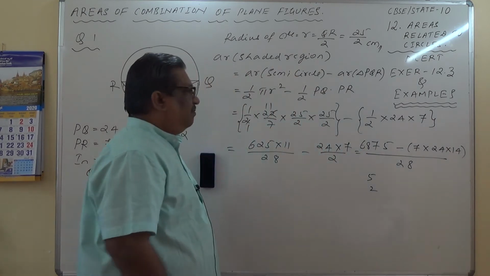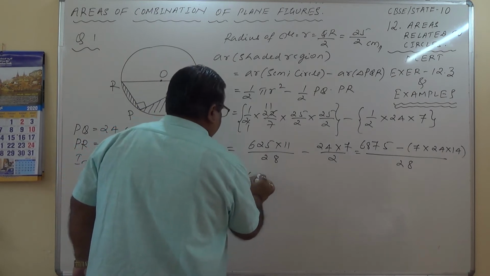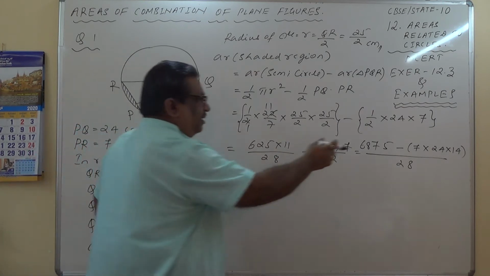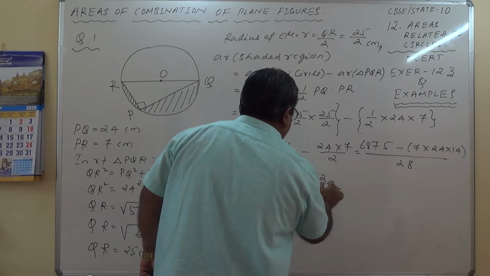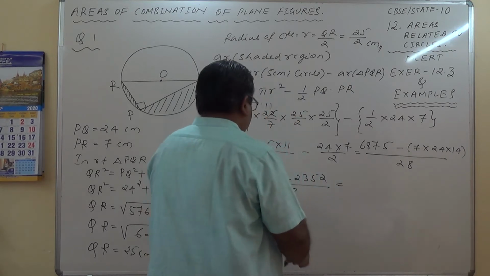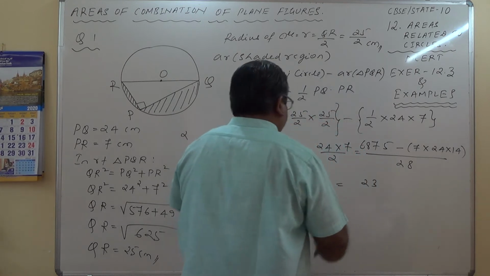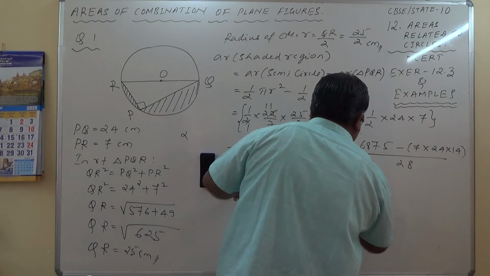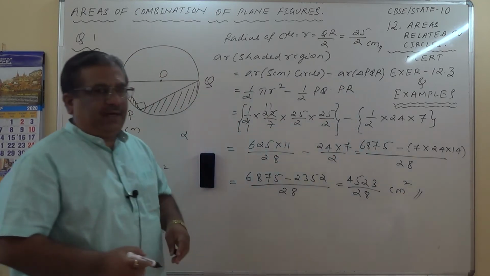So we'll work out that one, which is equal to 6875 minus, if you work out, 14 into 24 into 7 is 2352, divided by 28, and this is equal to 4523 by 28 square centimeter. This should be the answer.